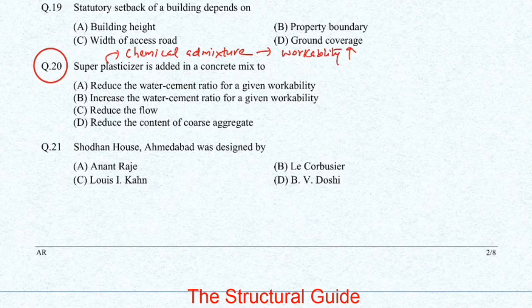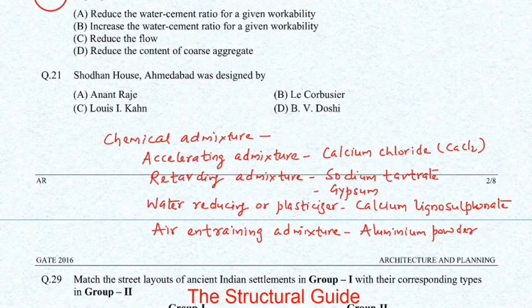as well as reduce the water cement ratio. So let's first understand some important chemical admixtures that are used in concrete. The accelerating admixture CaCl2 is used to reduce the setting time.